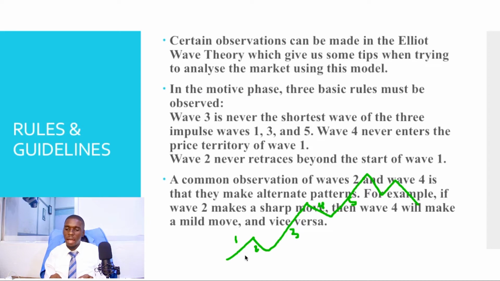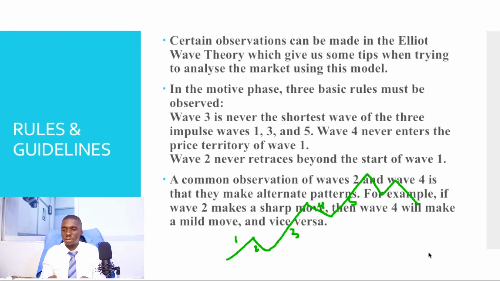In other words, we have the impulse waves and the corrective waves among the 5 wave formation. So when you look at wave 1, wave 3, and wave 5, they are actually impulse waves. Okay, they are impulse waves. They are waves that move in the direction of the market, and those that move against the trend are called the corrective phase.